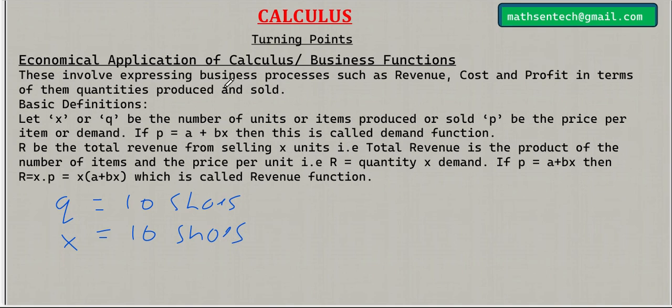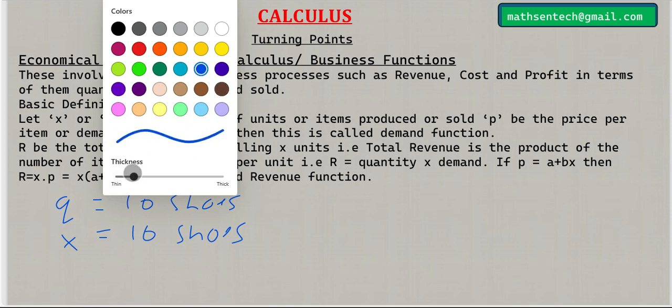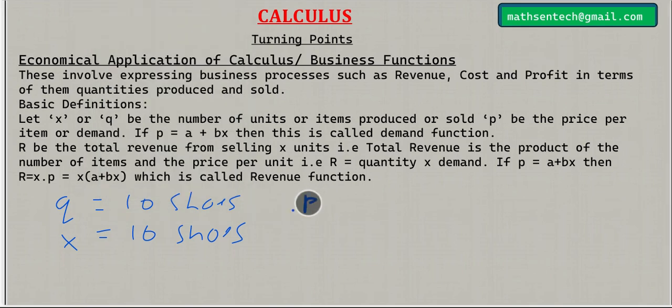So Q or X represents the number of units or items sold. Then P is the price per item. So the price is also known as demand. Okay, so we are going to use price, which is P, interchangeably with demand.